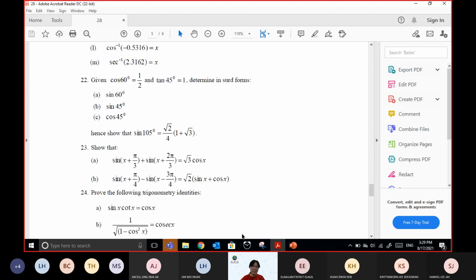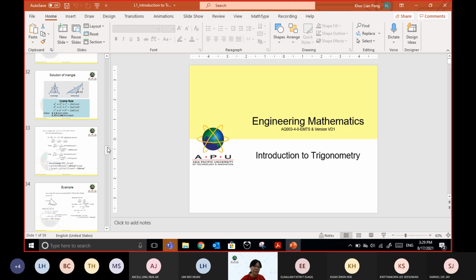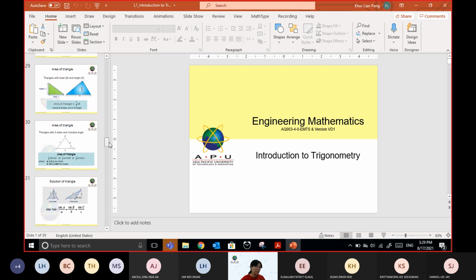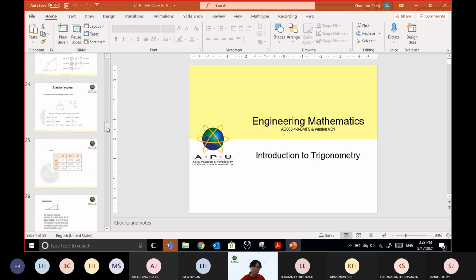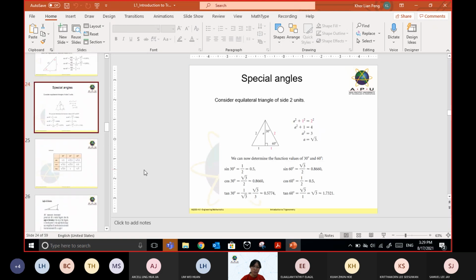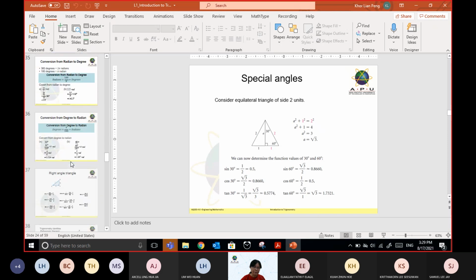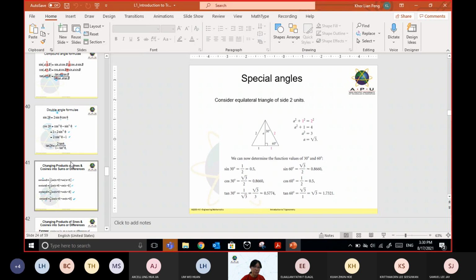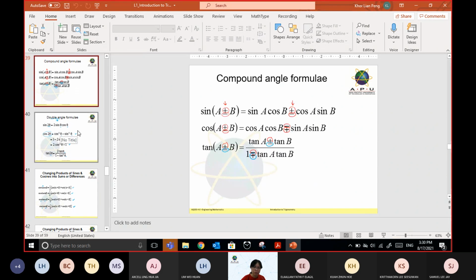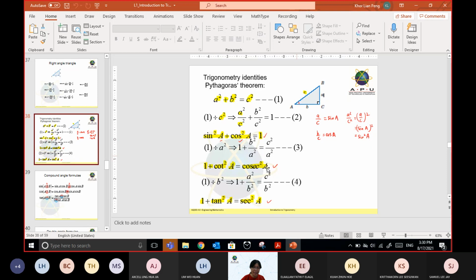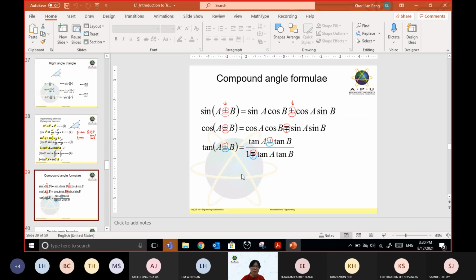Okay, so what we went through yesterday, we couldn't finish, about finding the angle. But we have gone through some trigonometric identities, the ones highlighted here, and the compound angle formula.